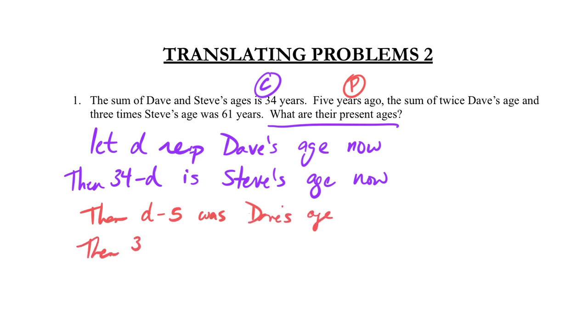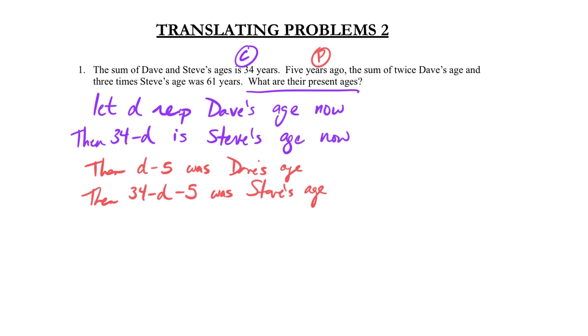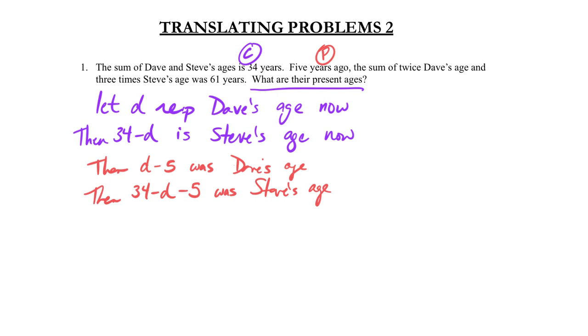Then 34 minus D, which is Steve's age now, subtract off 5, was Steve's age back then. Writing down those two red statements isn't a bad thing at all. As I said, it costs you 15 seconds or so, but now you have expressions you can work with.